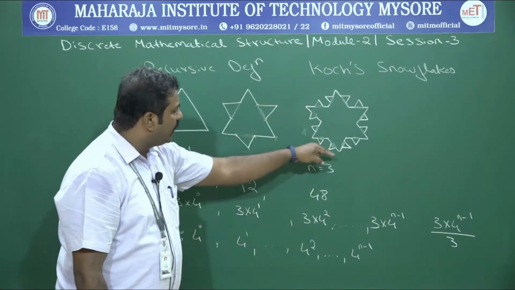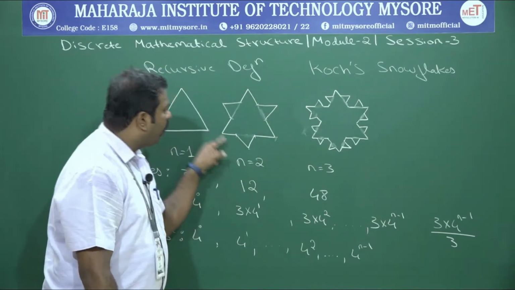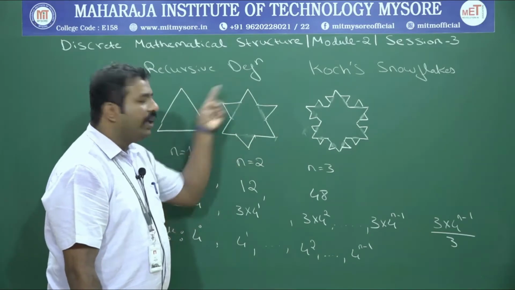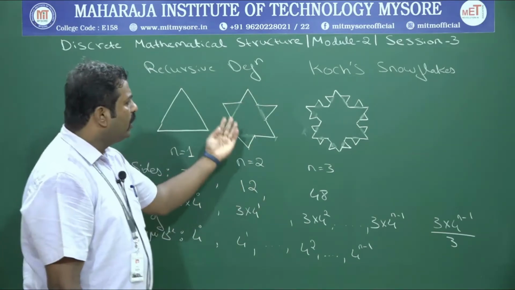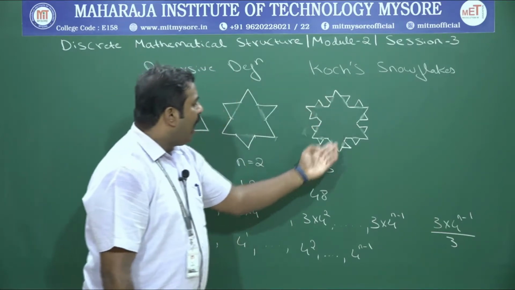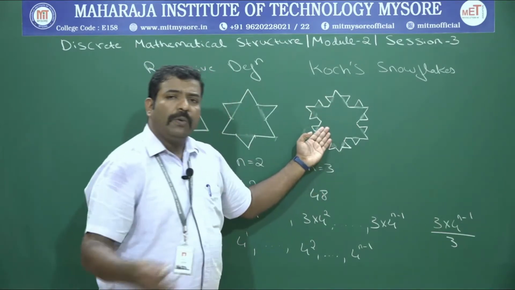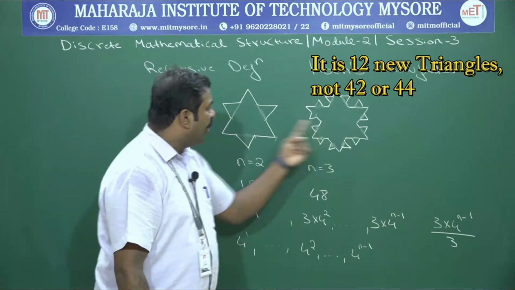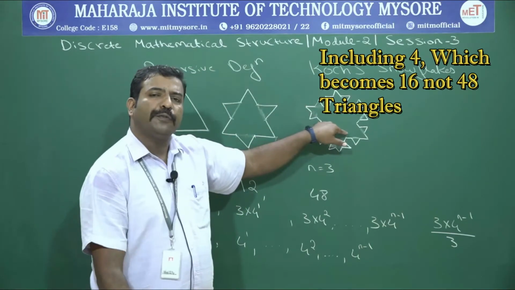And if I go further, there are already 4 equilateral triangles, one carried from iteration 1 and 3 newly introduced. Now this 4 will be carried out here, and so there are 12 new triangles, or 16 equilateral triangles, including the 4.